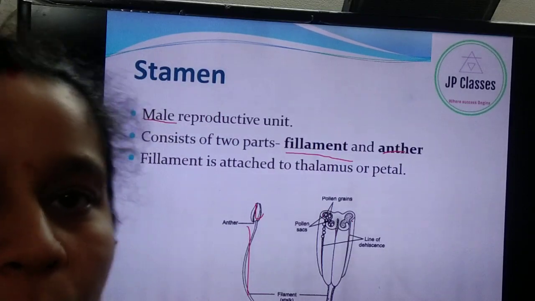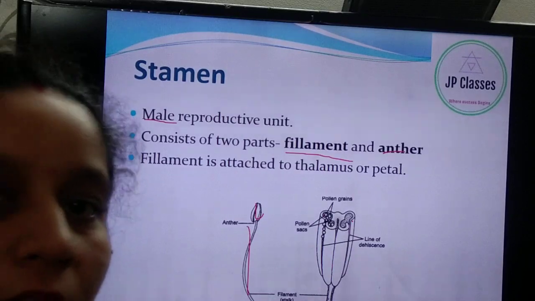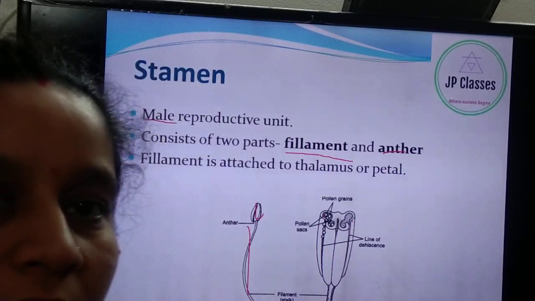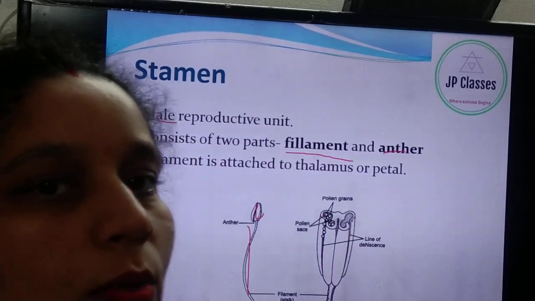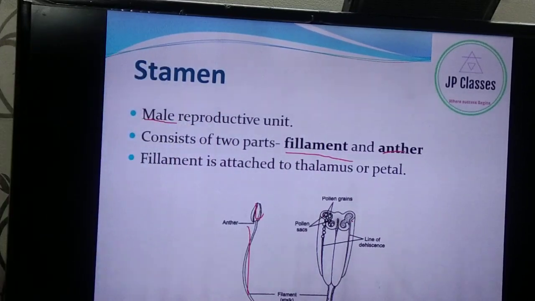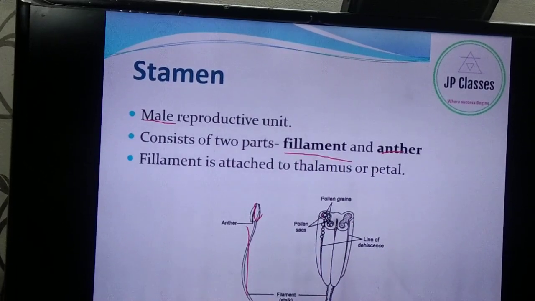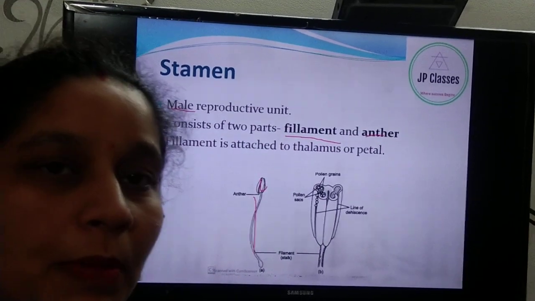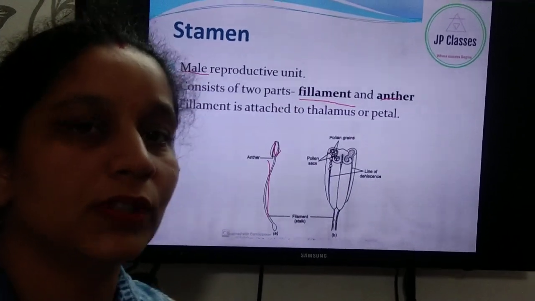To differentiate between these, a group of tissues known as the connective tissues is present, which demarcates the two lobes. Now in each lobe two pollen sacs are present. Pollen sacs are the compartments which comprise the pollen grains.